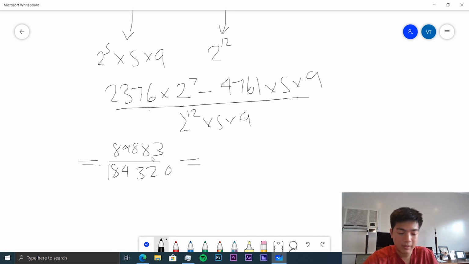So can we simplify this? Yes, they're both divisible by 3. So 89883 divided by... Are they both divisible by 9? I don't know. 29961 divided by 61440.